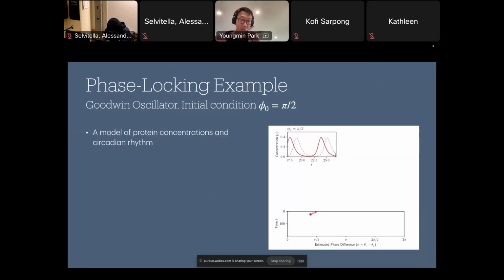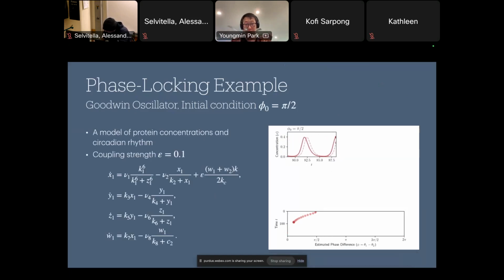In that spirit, what I'm showing here on the top left is a plot of the state variables of two oscillators. The first oscillator satisfies these four equations, and the other oscillator is a direct copy. So instead of x1, y1, z1, w1, we have x2, y2, z2, w2, and they're coupled through this term.